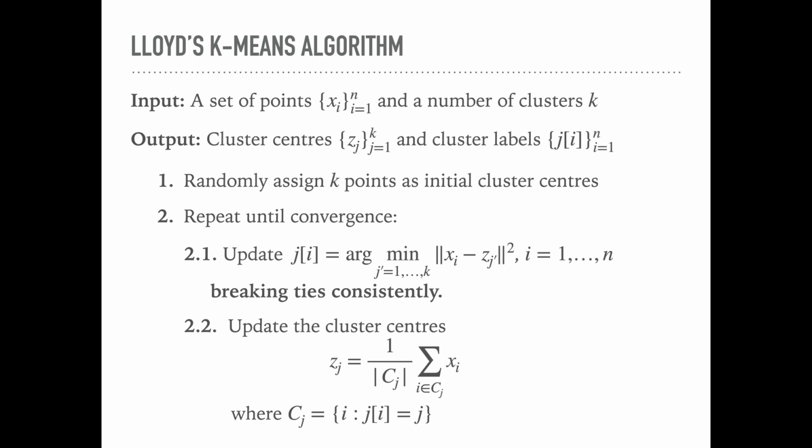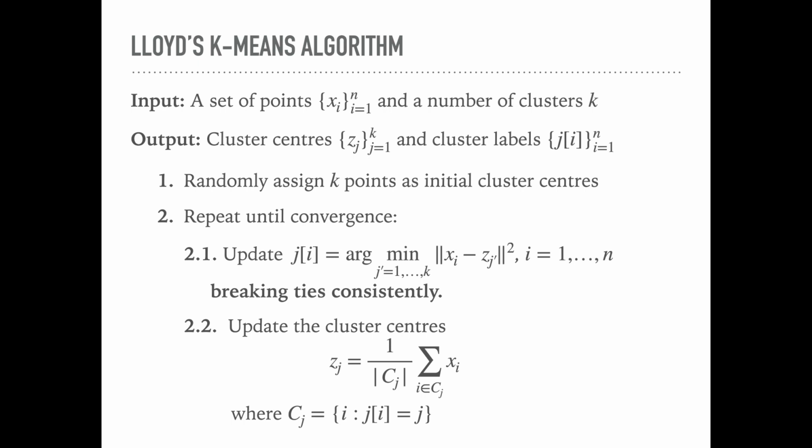So it is which cluster j the ith point is in. There are essentially two steps to this algorithm. But before we can start these steps, we need to initialize. We need to start somewhere. And the best way to start somewhere is to just pick some points. So you choose k points uniformly across your set of points, and these are your initial cluster centers. We will, in the next video, reassess this choice a little bit, but for now, it's a decent place to start, and it's what Lloyd said to do, so let's do it.